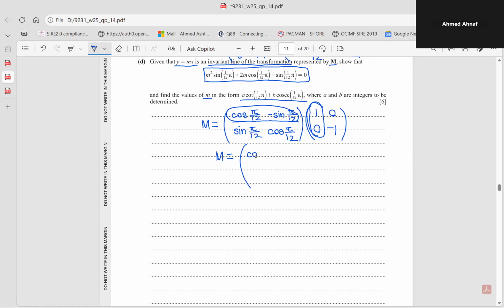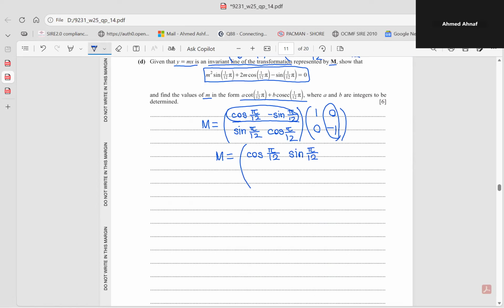So that's just cosine pi over 12, okay? And then for the second one here, you multiply this row with this column, so it's cosine pi over 12 times 0, which is 0, plus negative sine pi over 12 times -1, which will give you 0 plus sine pi over 12, which is sine pi over 12.